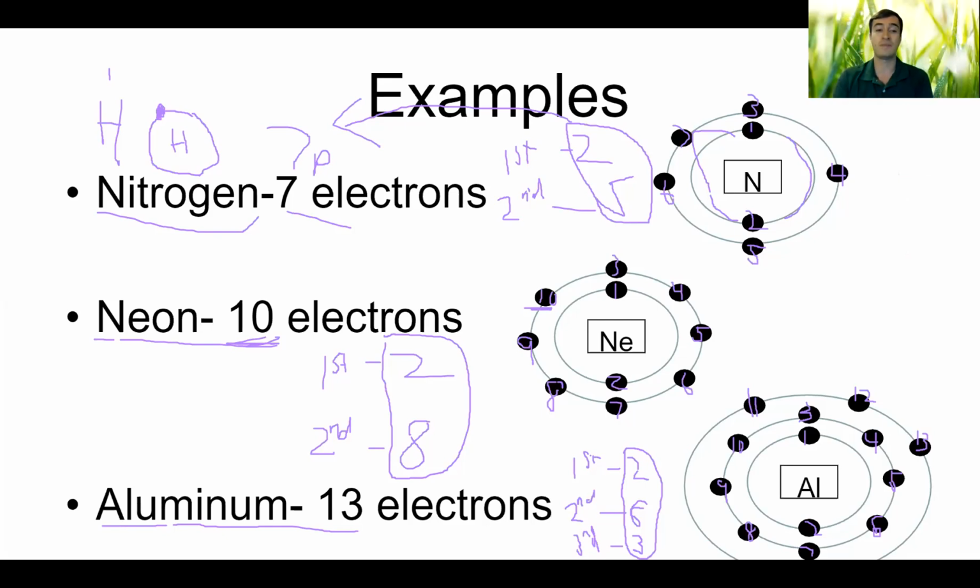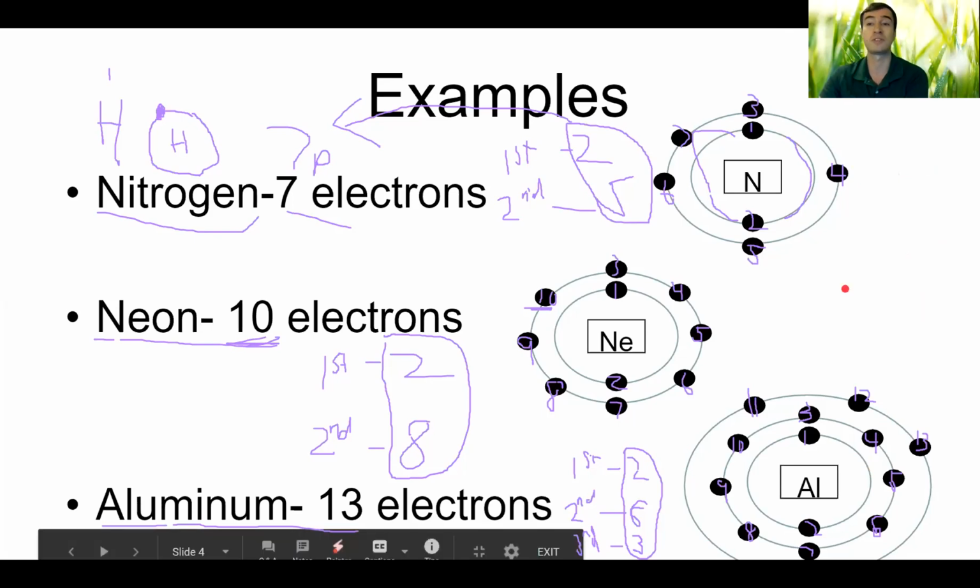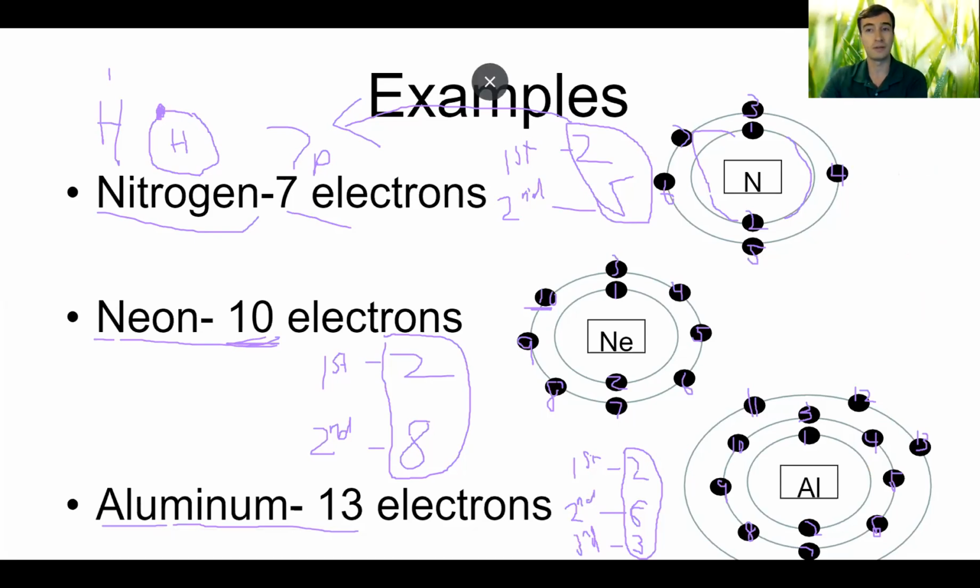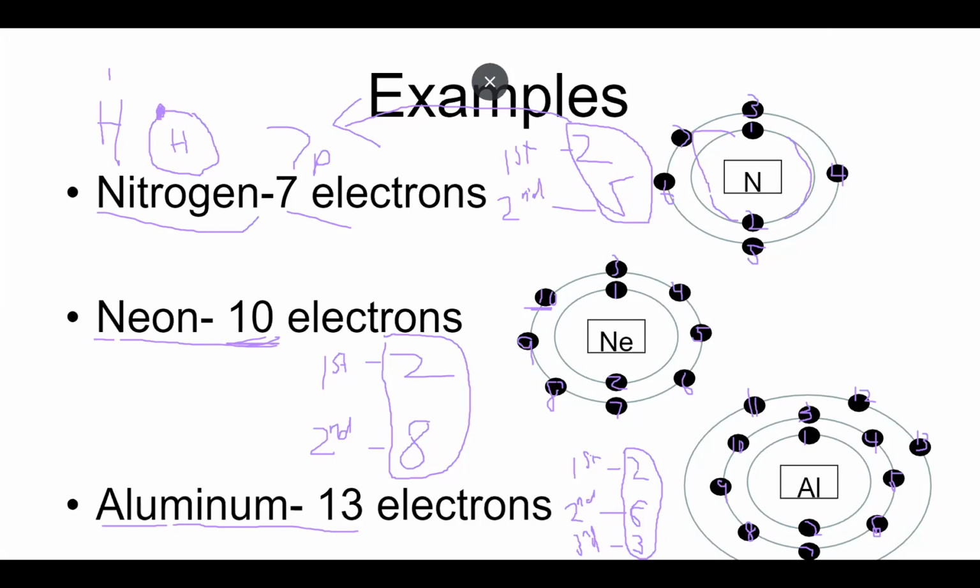For the assignment, I'm gonna have you write down how many electrons will be on this shell based on this atom over here. Something kind of like that. And I'll show you what the assignment looks like in a little bit once we get through the notes. Good question though.